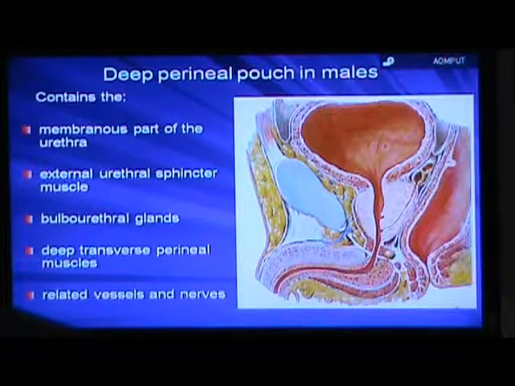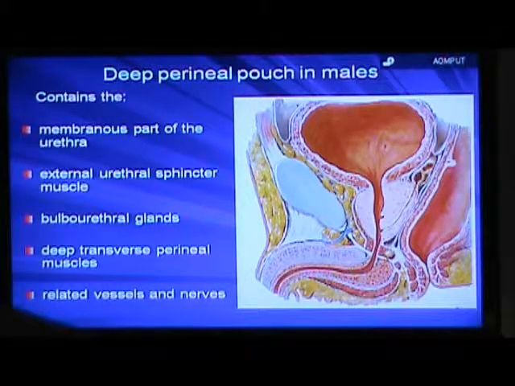So let's go. The deep perineal pouch in males contains, and look, this is important, the membranous part of the male urethra, the external urethral sphincter muscle, which is around this membranous part of the urethra.